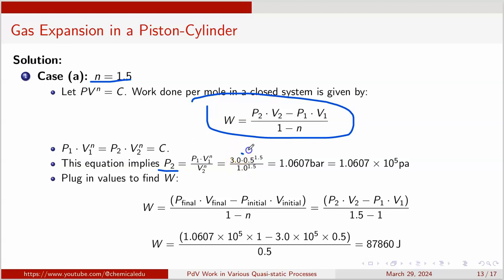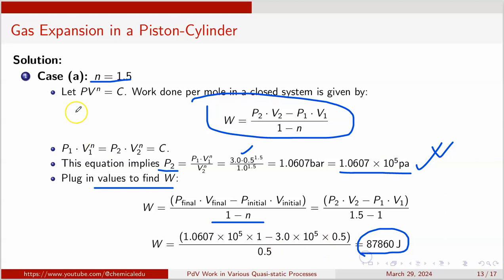We have all this data. For n is 1.5, ultimately P2 is 1.0607 into 10 to the power 5 Pascal. Now if we plug in all these values and find W, ultimately W will be 87860 joule. So when n is equal to 1.5, the work done is 87860 joule.